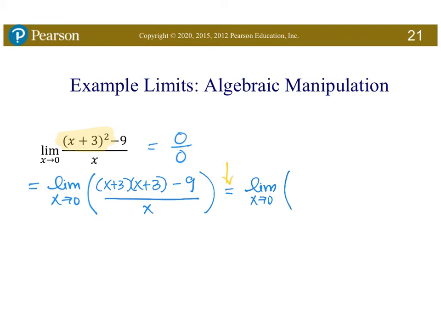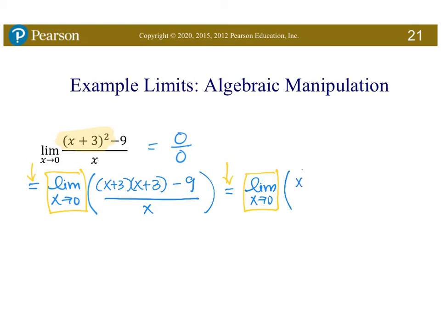Having an equal sign in front of every algebraic step you do, having a limit in front of every algebraic step you do, having parentheses around every algebraic step you do. That's part of the requirements. Just as if you were writing an essay in English where you have periods at the end of sentences in the right place, using semicolons or colons in the right place. You just need to be a good math writer.